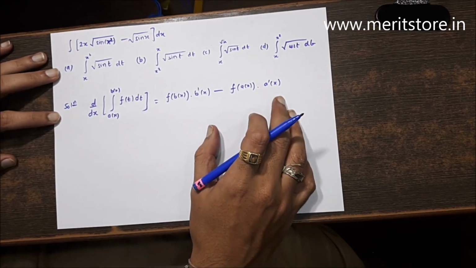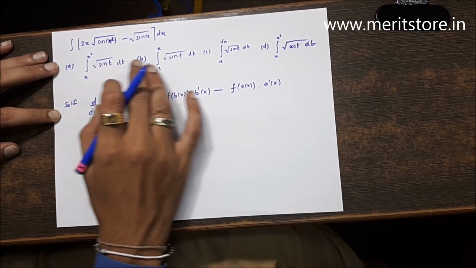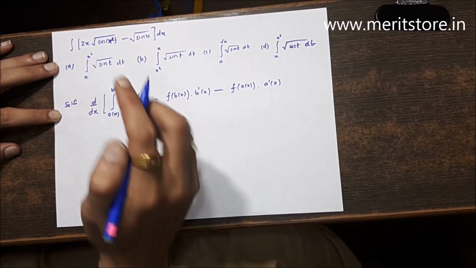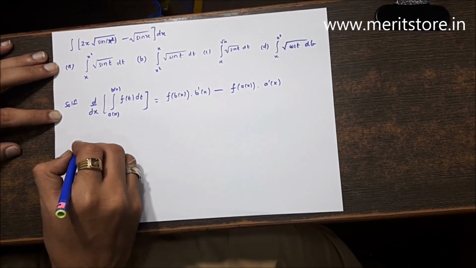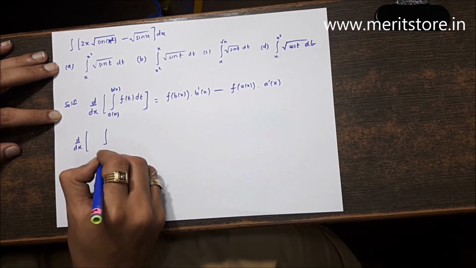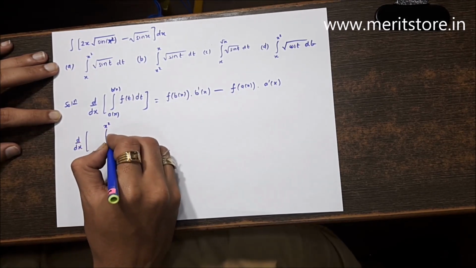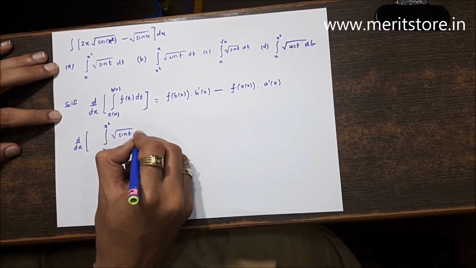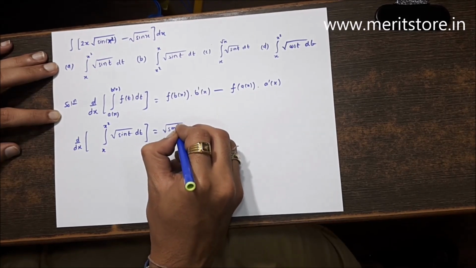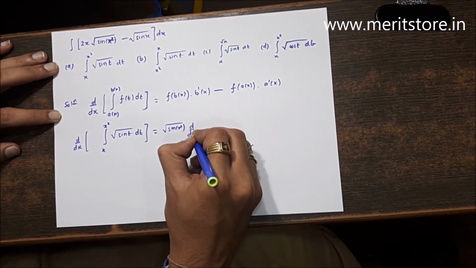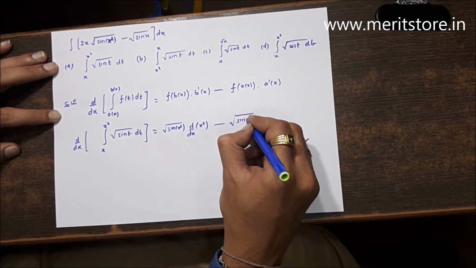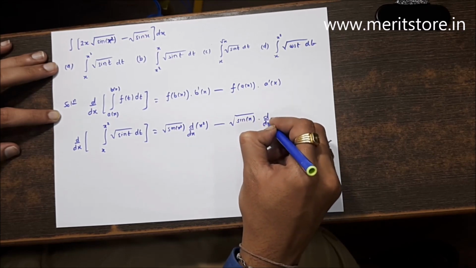Using this rule, what we'll do is we'll take each and every option and try to fit with our solution. Trying with option A, that is derivative of integral of x to x square of root of sine t dt will be nothing but root of sine of x square into derivative of x square minus root of sine of x into derivative of x.